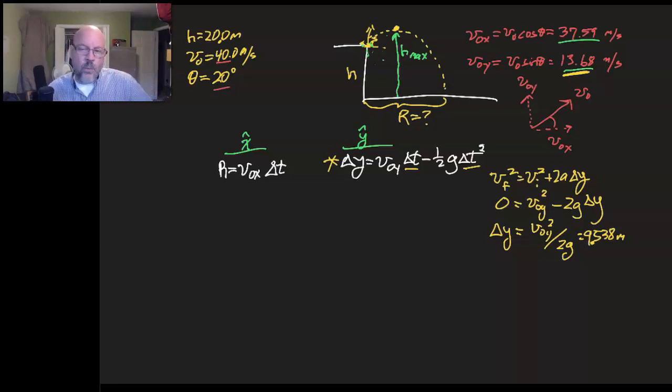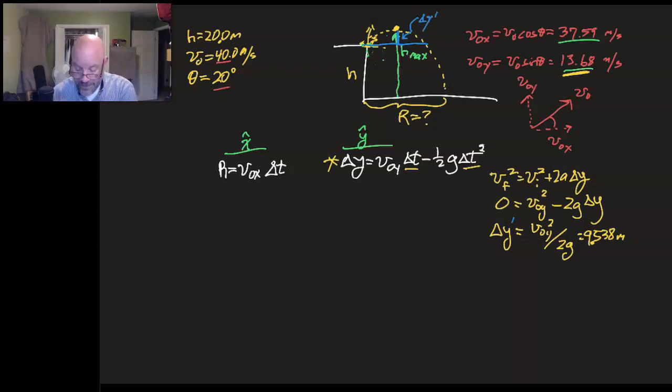But the question is, what is that particular delta Y? Well, that delta Y right there actually is the distance between the top of the cliff and the apex of the trajectory. So let me call that delta Y prime, so that in my drawing right there we can say there's my delta Y prime, just like that.